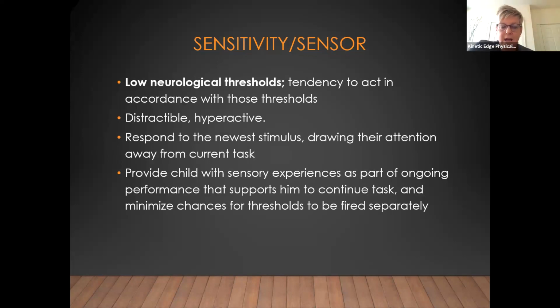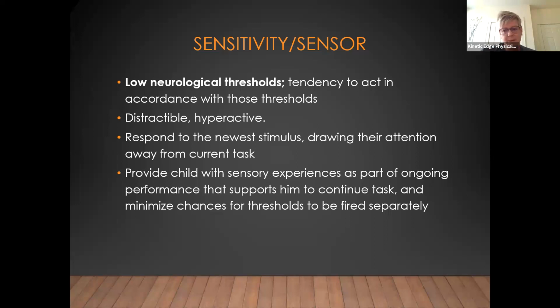And then the last one is the sensitivity sensor. These children, like the avoiders, have that low threshold, so it doesn't take much for them to notice the sensory input. However, they're passive. So they aren't having meltdowns and withdrawing, but they are very distractible. They might be hyperactive. They are going to draw their attention to the newest thing that happens around them.